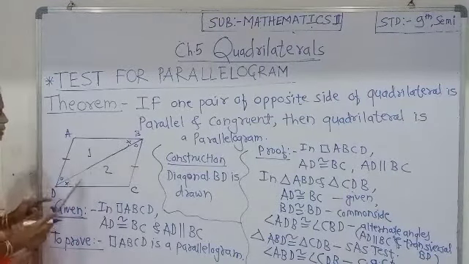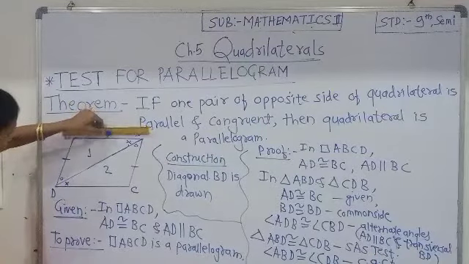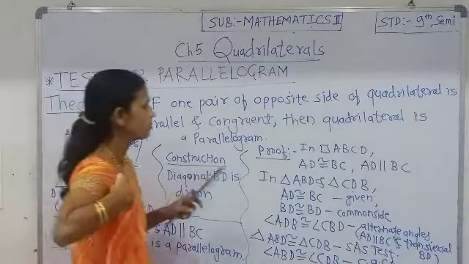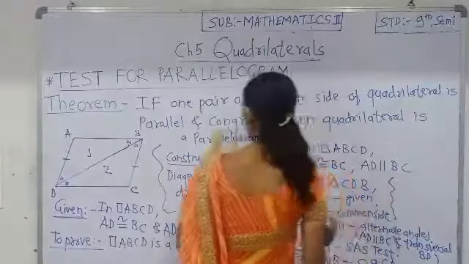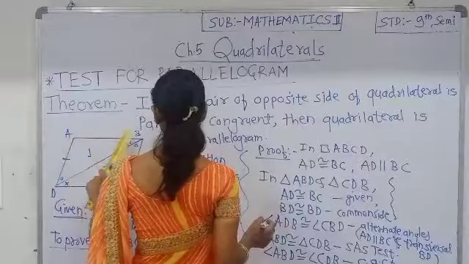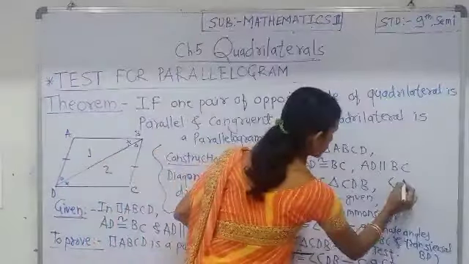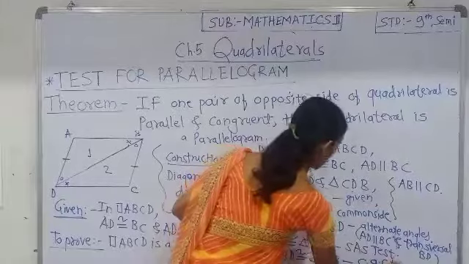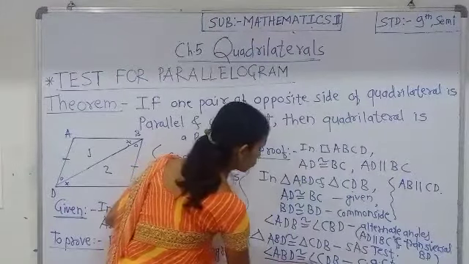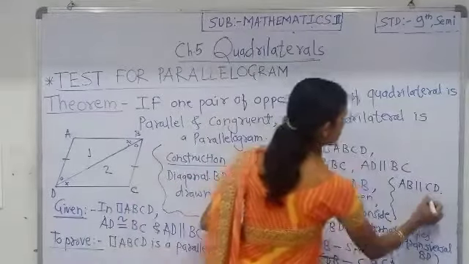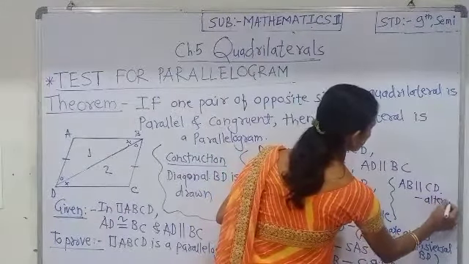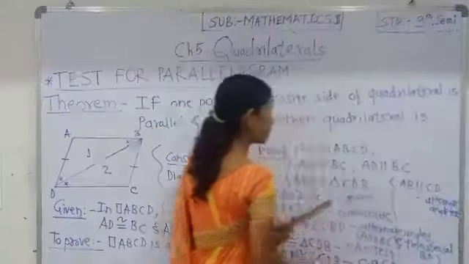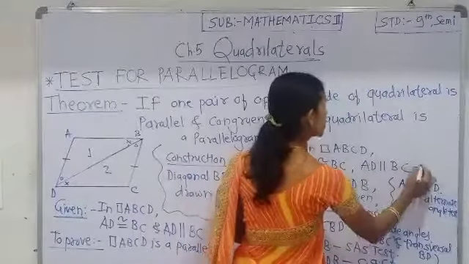Those are alternate angles formed by lines AB and CD and transversal BD. Therefore, AB parallel CD, by considering angle ABD congruent angle CDB, by the alternate angle test.